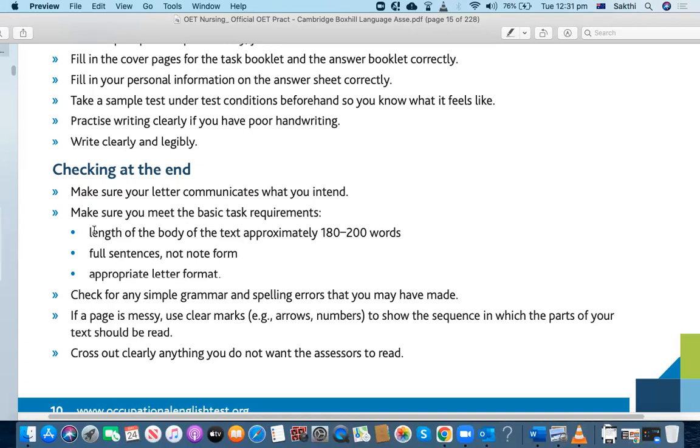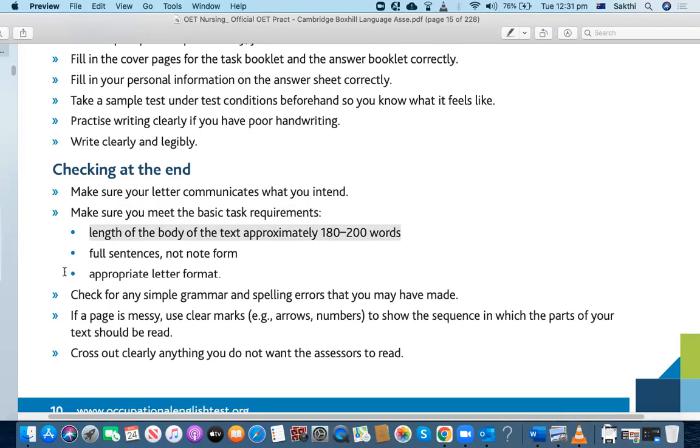Then you need to make sure that the basic task requirements have been met in your letter as well, particularly the length of the words. We need to write only 180 to 200 words. Please do not write more than that.